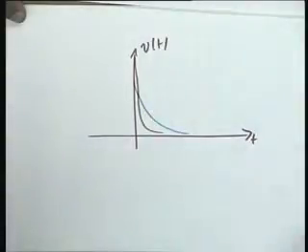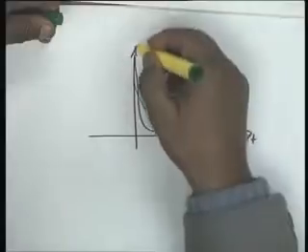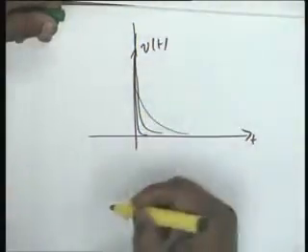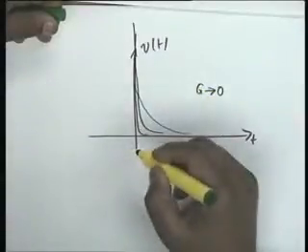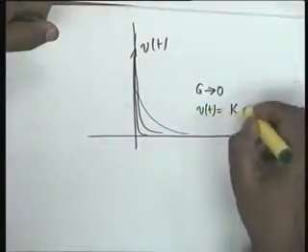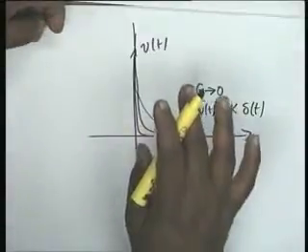If we further increase capital R, that is, if we further decrease capital G, maybe the curve is like this. And obviously, as capital G tends to 0, V of t tends to an impulse function k delta t.